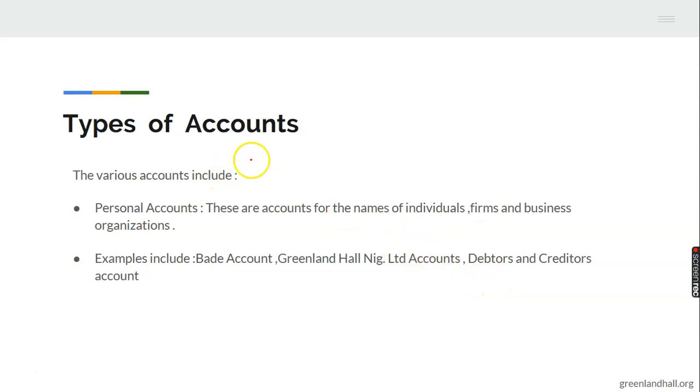What are the different types of accounts that we have? The various types of accounts include personal accounts. These are accounts for the names of individuals, firms, and business organizations. That is, it has as its title the names of individuals, firms, and business organizations. Examples include Bade account, Greenland Nigeria Limited account, debtors and creditors accounts.